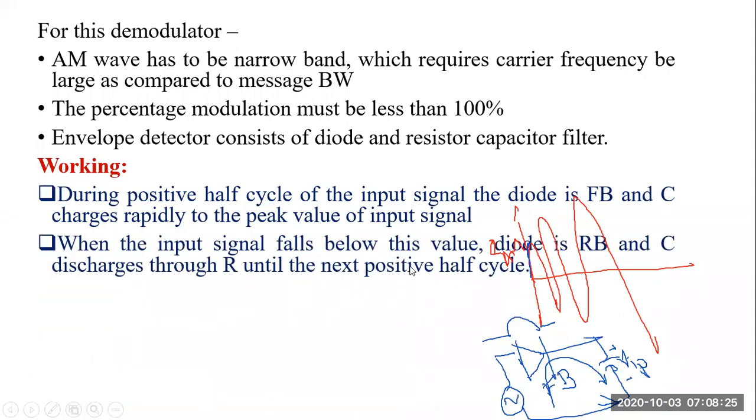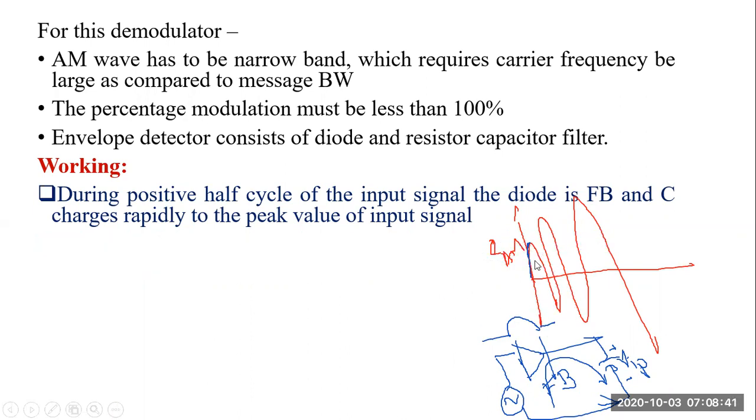So when the input signal falls below this value, the diode gets reverse biased and the capacitor discharges through the resistance till the input starts increasing again. To show you this clearly, say here, during this part when the input has started decreasing.